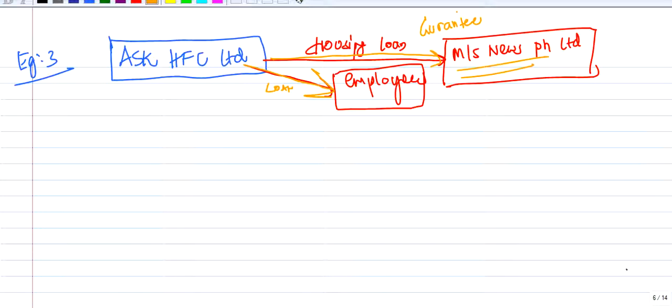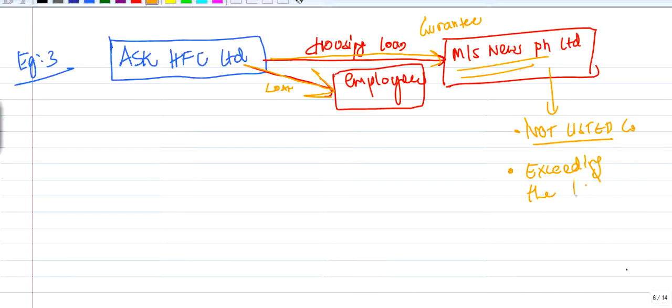News Pharmacy Limited is not a listed company, and the company will be exceeding the limits prescribed under section 186. So that is first, not a listed company, and they are exceeding the limit with regard to the loan.